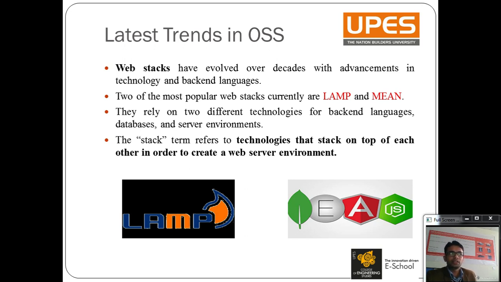OpenStack is a set of software tools for building and managing cloud computing platforms for public and private clouds. OpenStack is made up of many different moving parts. Because of its open nature, anyone can add additional components to OpenStack to help it meet their needs.